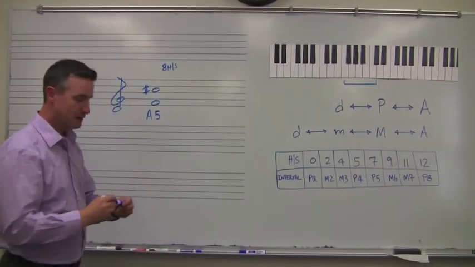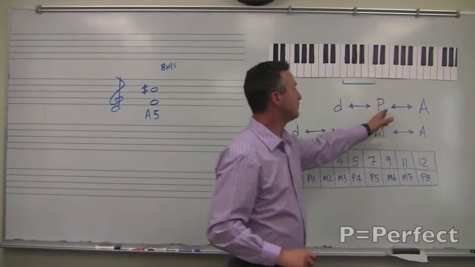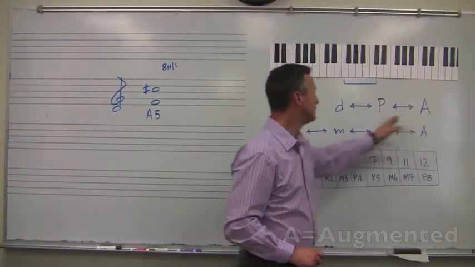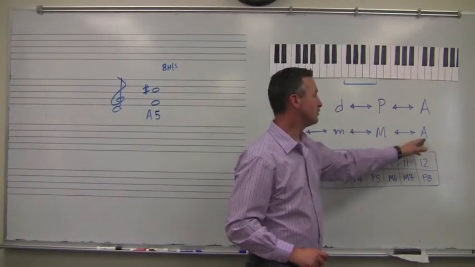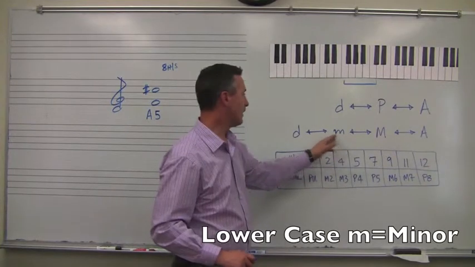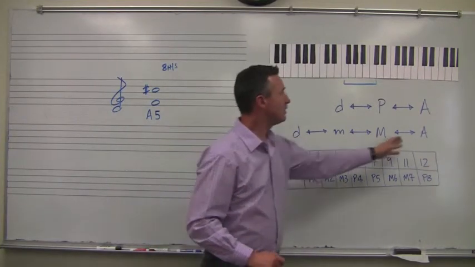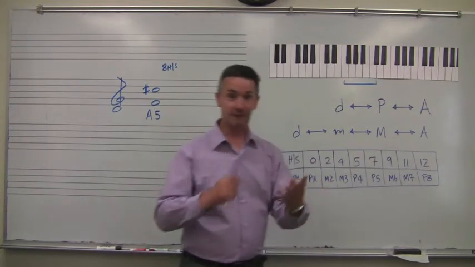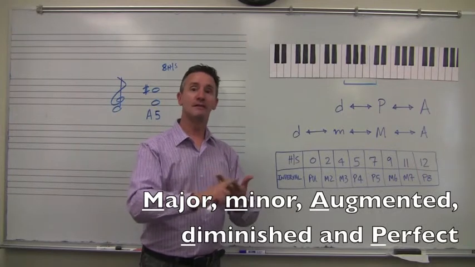Now just take 30 seconds to say P stands for perfect, A is augmented, D is diminished, M is major, A is augmented, lowercase m is minor, D is diminished. These are the names that we have for intervals. The names are major, minor, augmented, diminished, and perfect.